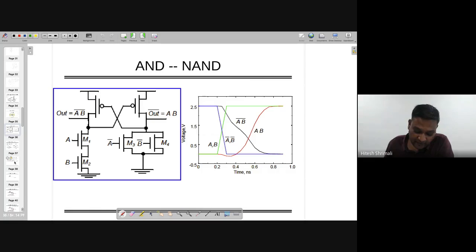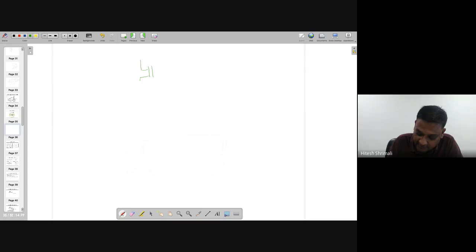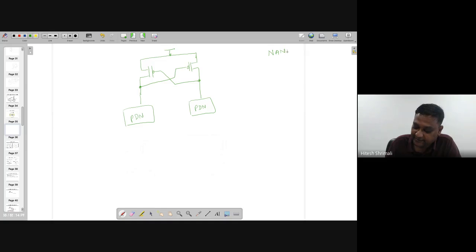Now we can make AND and NAND also with the same technique. So we know that here there will be a cross-coupled NMOS PMOS connection, and at the downside I'm going to make the pull-down network, right? I need to make NAND and AND. NAND is the one which is, and on the other side AND is the one which is A and B, right?